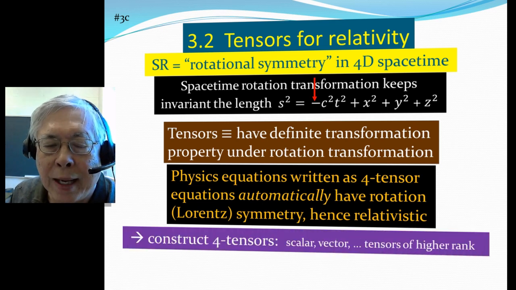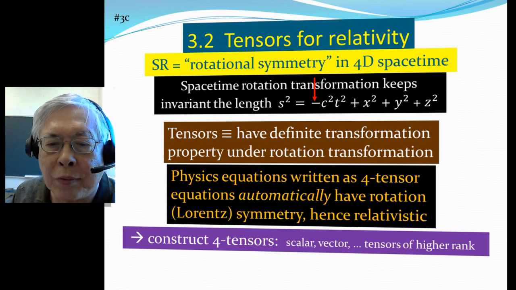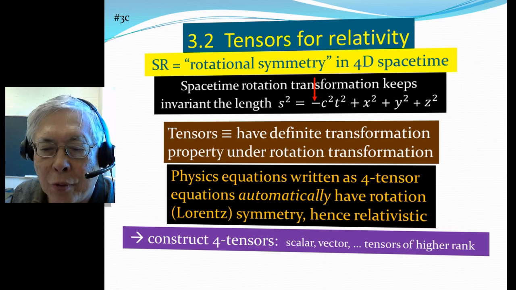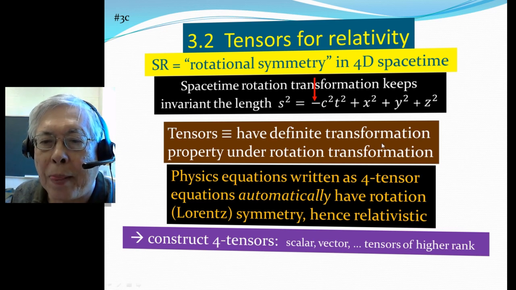So our task now is to write relativistic physics equations. It's just a matter of constructing four-tensors: tensor scalars, tensor vectors, tensors of higher rank. Then the physics equations written in those terms will automatically be relativistic.